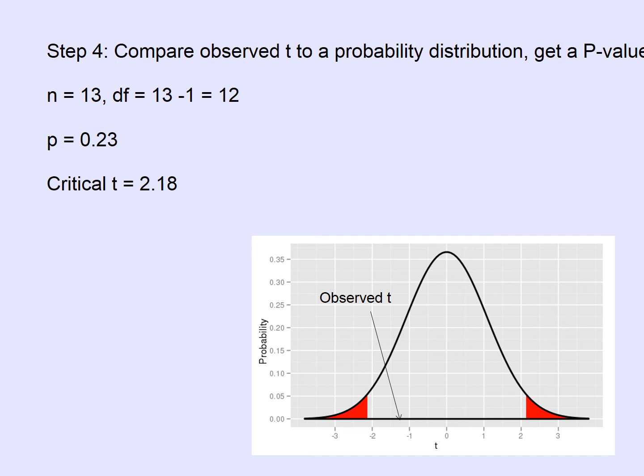So we have that piece of information. It comes with a probability for our test statistic. The probability for our test statistic is 0.23, and that's way above 0.05. So we have what I call a low t, a high p, and thus we're going to fail to reject our null.